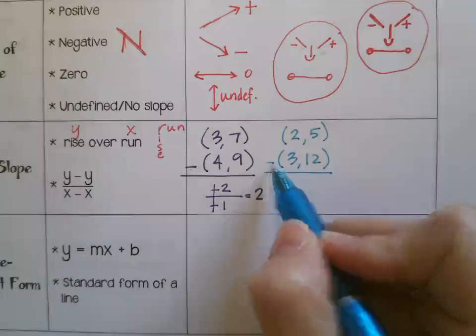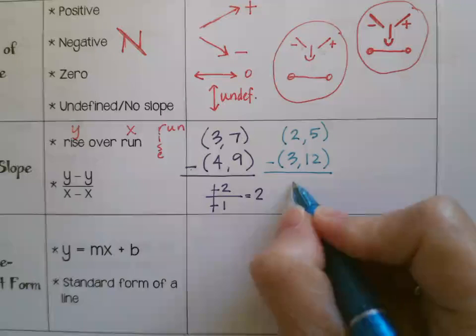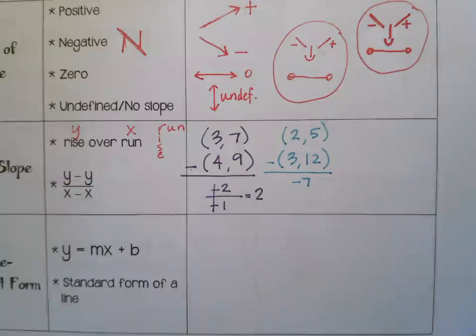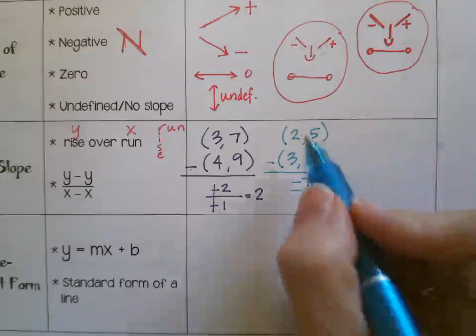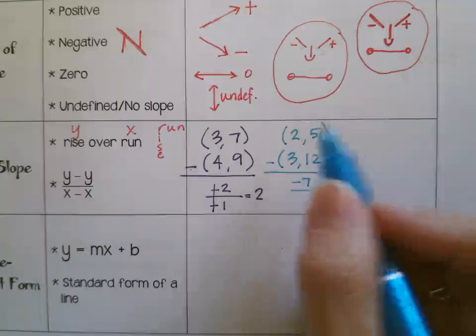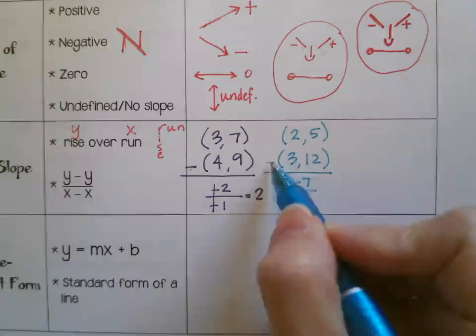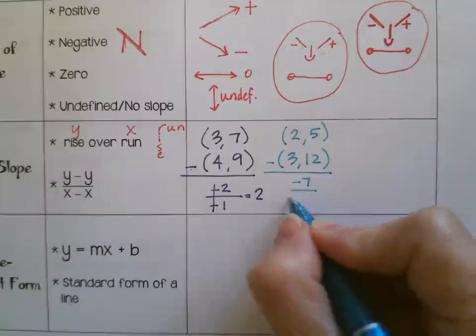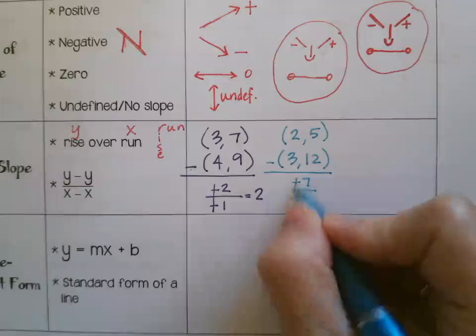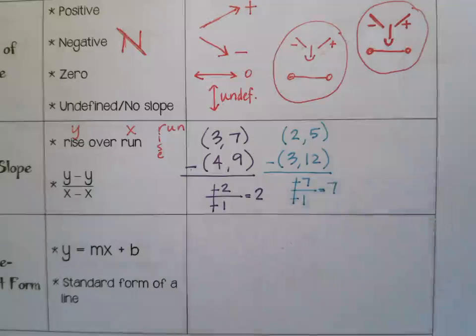So 5 minus 12 would give me -7. The first one goes on top. The second one goes on the bottom. So 2 minus 3 is -1.